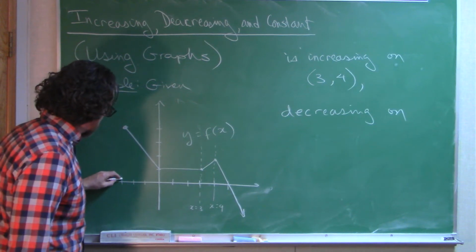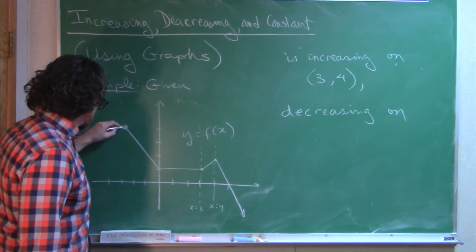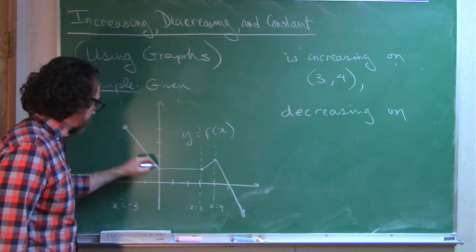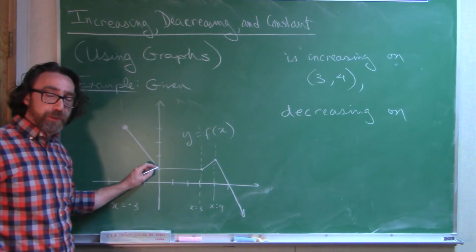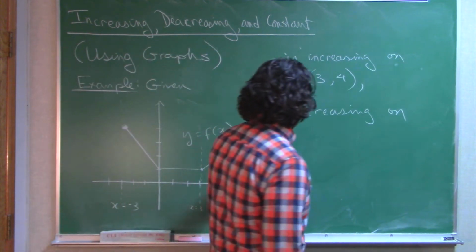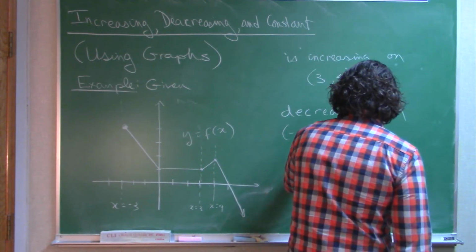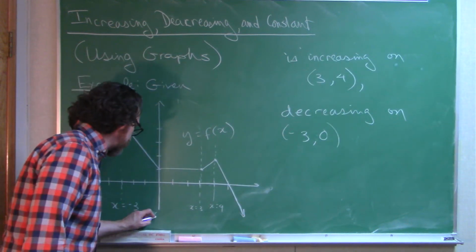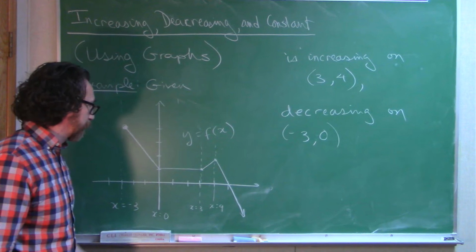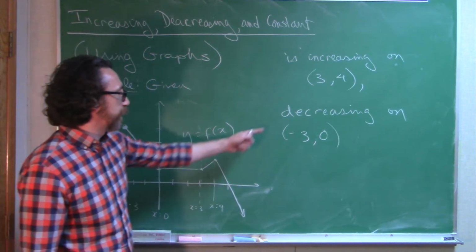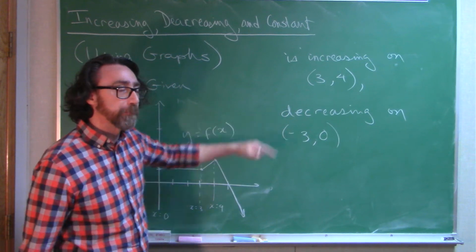It looks like the decreasing part starts here at x equals negative 3 and then continues till x equals 0. So negative 3 comma 0 is one interval where the function is decreasing.